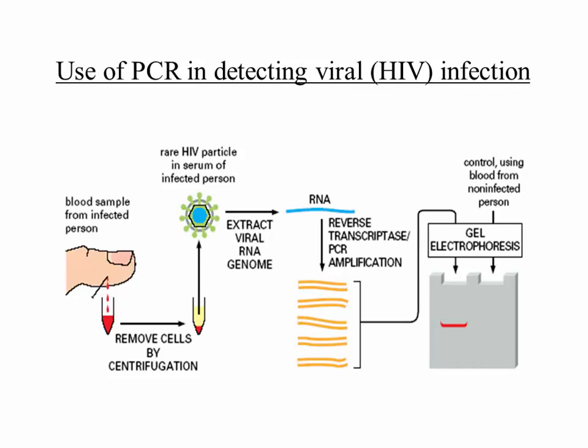At high speeds, you centrifuge, you separate out the cellular components, right? Then you'll get a rare HIV particle if the person is infected in the serum of the infected person, right? So now you're going to extract the viral RNA genome, right? So get rid of the protein coat of the virus, you got your RNA. Now use reverse transcription to get the complementary DNA, right?